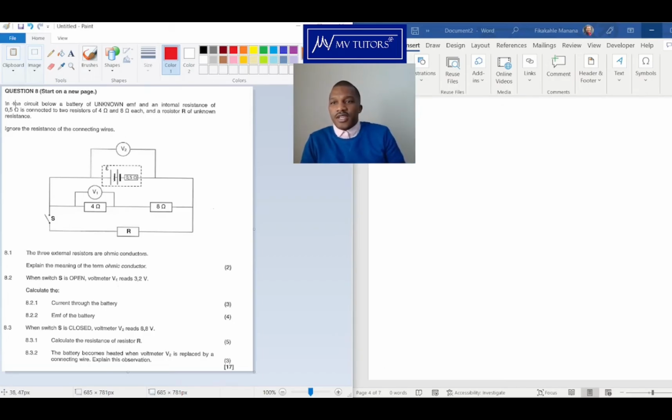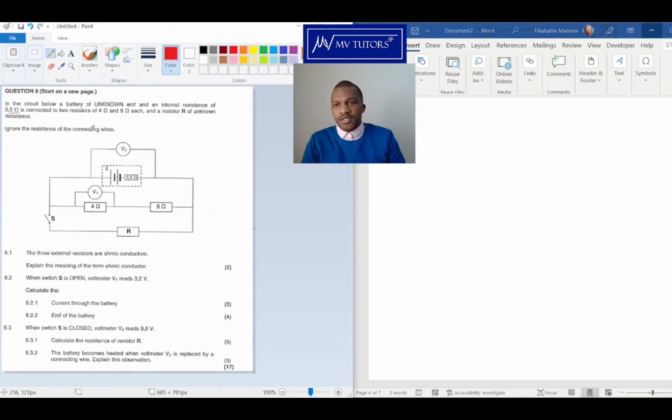Now, it says in the circuit below, a battery of unknown EMF and an internal resistance of 0.5 ohms, that's important, we will need it, is connected to two resistors, 8 ohms and 5 ohms, and 4 ohms and 8 ohms each, and a resistor R of unknown resistance.